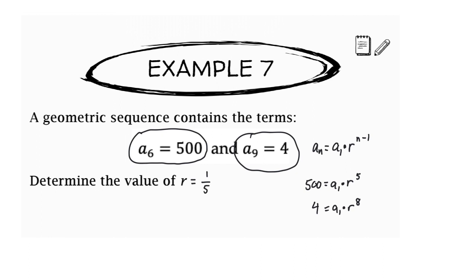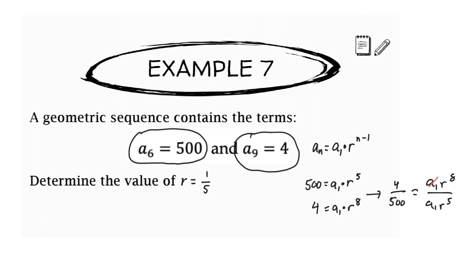Now, in order to solve this system of equations, I notice that division will allow the a1 term to cancel out. If I divide the second equation by the first equation, I get 4 over 500 is equal to a1 r to the 8th over a1 r to the 5th. And what I notice is, well, two things.